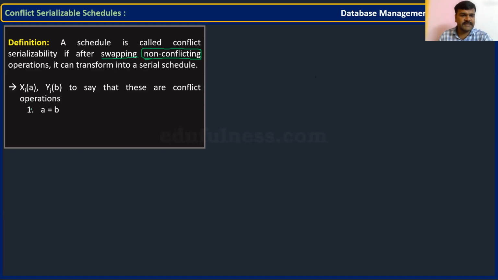The first condition is A equal to B. If you observe, we have xi of A and yj of B. These are the data items, and both must be the same.